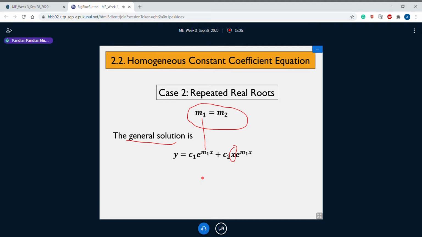So in that case, we fail to solve the second order problem, because for a second order homogeneous constant coefficient equation, the theory says you must have two independent solutions. That means y1 does not depend on y2, independent. So you must put x here in order to make it independent. So y1 is e to the power m1x, y2 is x e to the power m1x. Then this becomes the general solution.